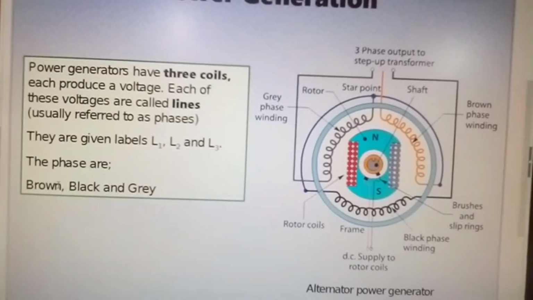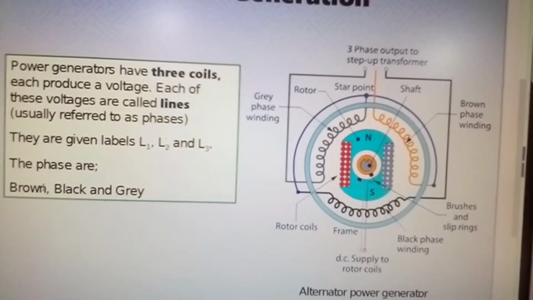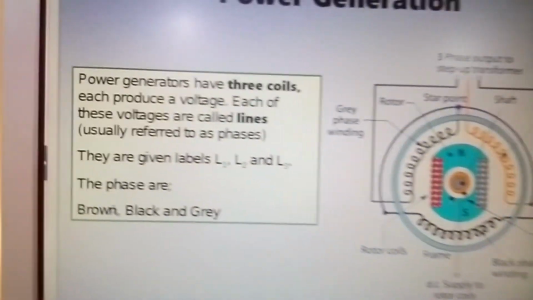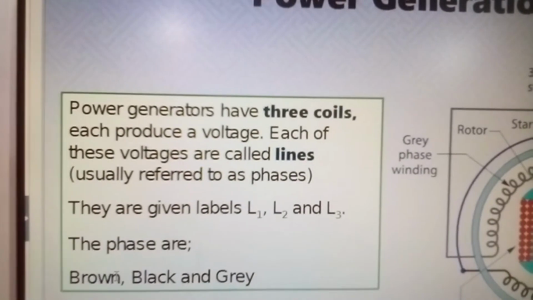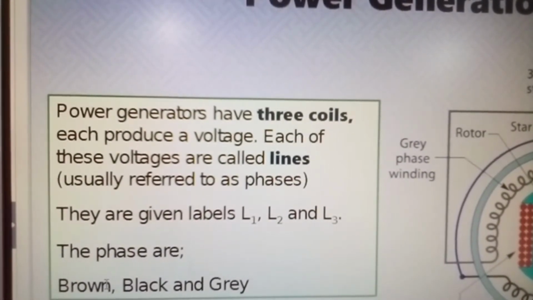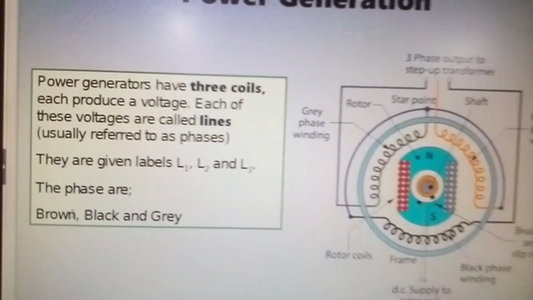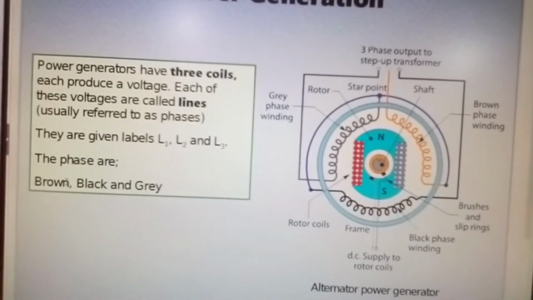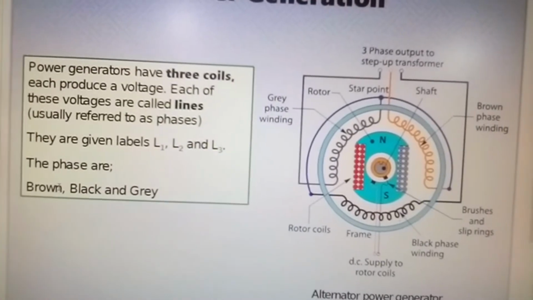Power generators have three coils. As you can see, you can read that for yourselves. You don't need me to read that to you now.